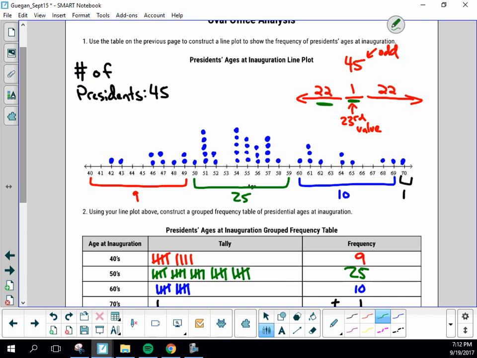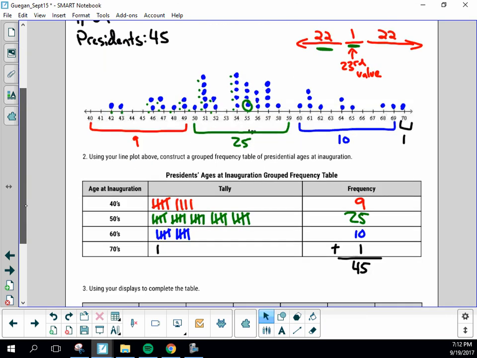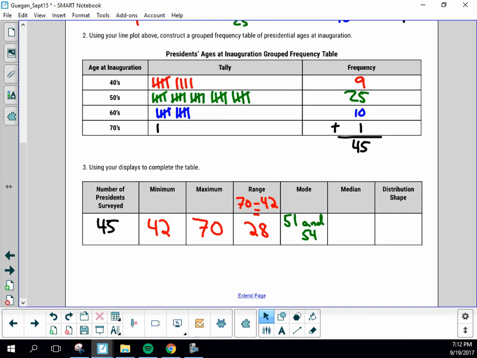Okay? 1, 2, 3, 4, 5, 6, 7, 8, 9, 10, 11, 12, 13, 14, 15, 16, 17, 18, 19, 20, 21, 22. And our 23rd value is in our 55 years old at inauguration column. We go down here. We're going to put 55 in for median.